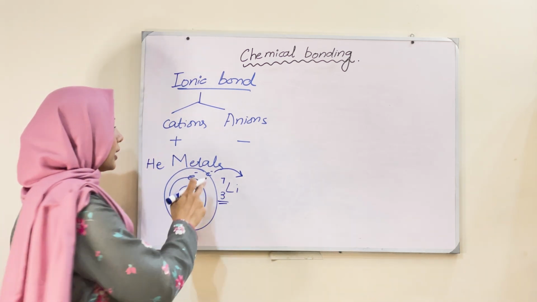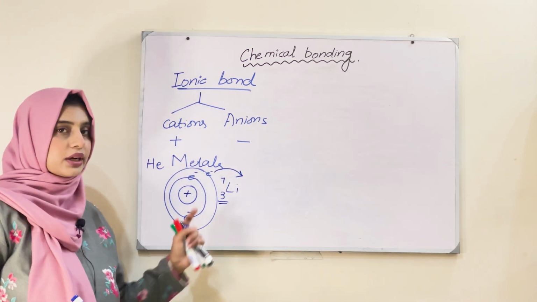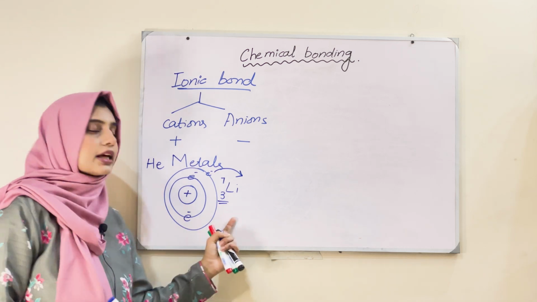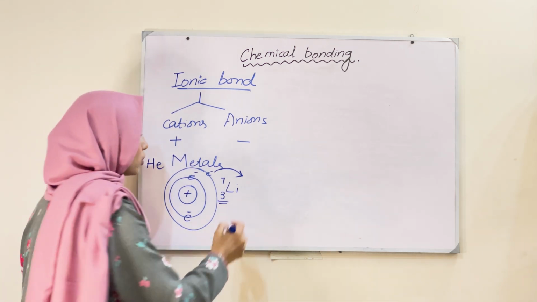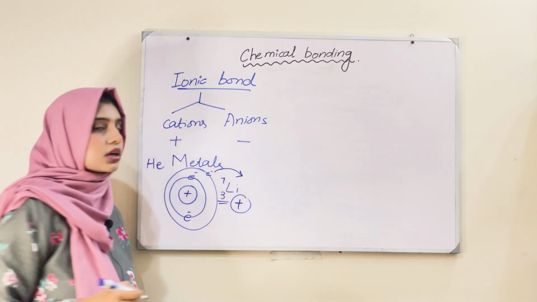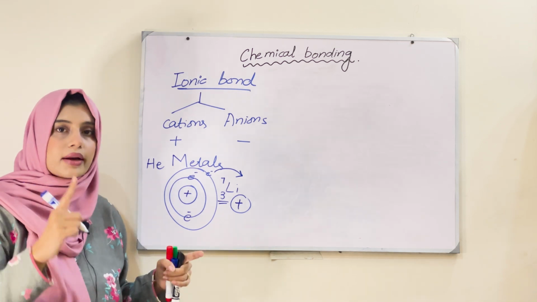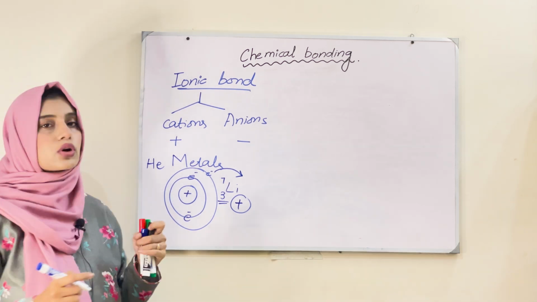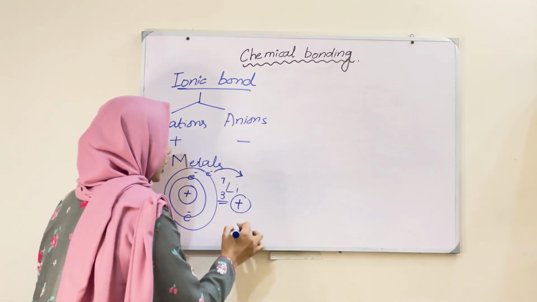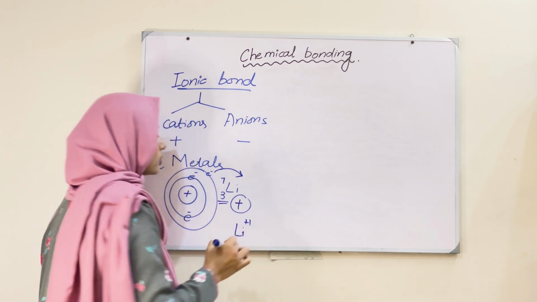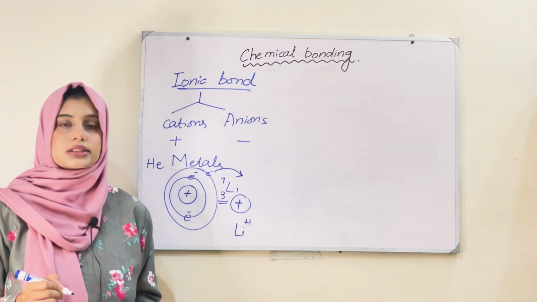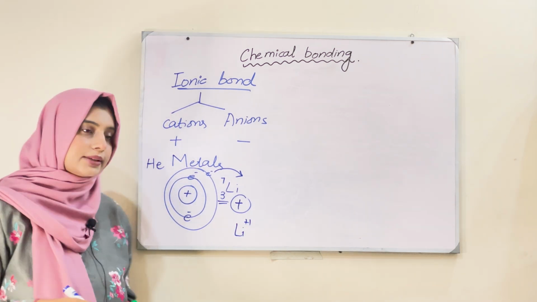So when 1 electron is donated, now it has 2 electrons and 3 protons. A proton has a positive charge, so now it has 1 more proton than electrons, so it will get a Li plus 1 charge, lithium positive 1, right?